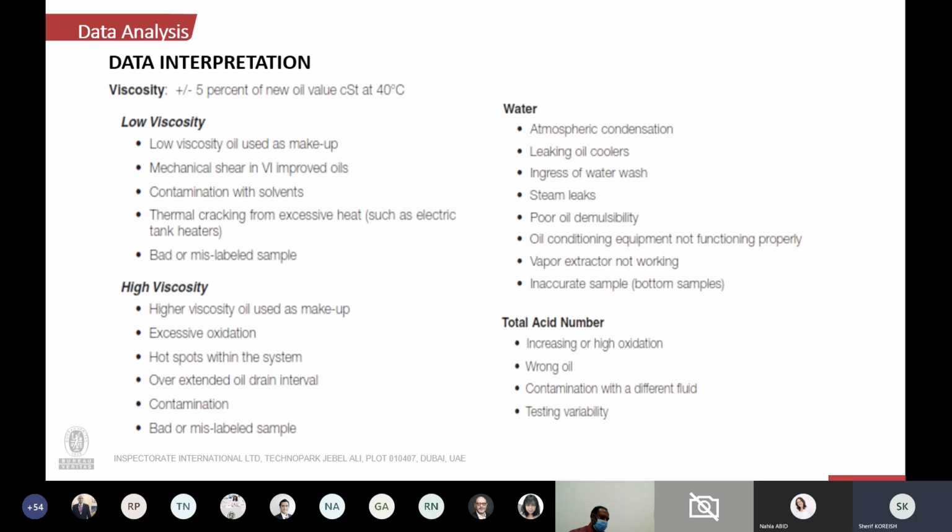All of this comes from the results produced from the testing and the cause and effect techniques we are using for analyzing the results.